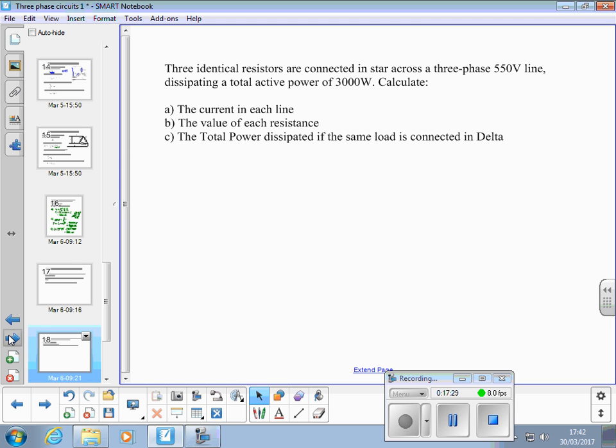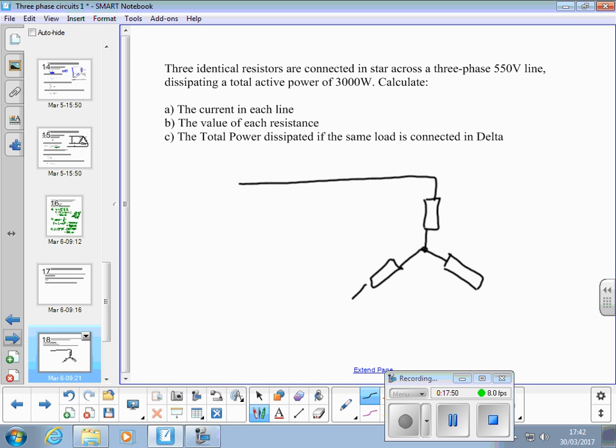Even in exams when you're under pressure of time, I do recommend that you sketch the circuit. So what we've got is a system like this. There's a star point. There's our 3 loads.